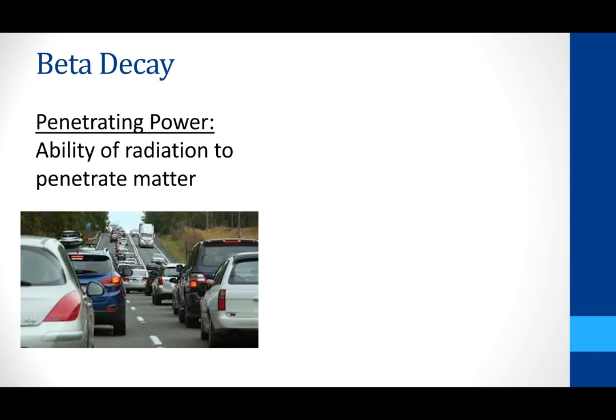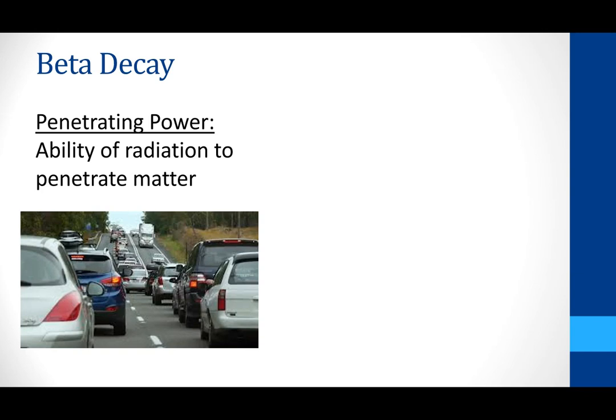All right, so for beta decay, we're going to talk about penetrating power and ionizing power. For beta decay, penetrating power, think of it as your car or sedan. It's going to have moderate penetrating power. So it's a little bit smaller than the alpha particle, so it can wiggle its way into biological systems a little bit easier. So we'll need some thick clothing maybe to protect ourselves from beta particles.